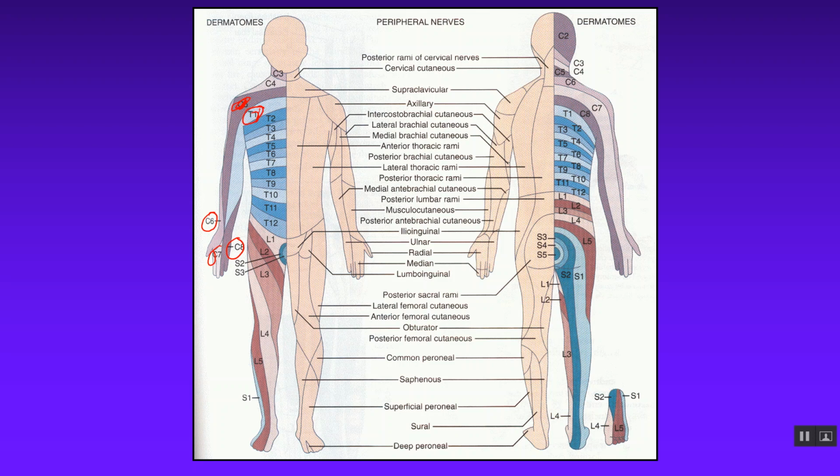And for the lower extremity, L4, L5, S1 tend to be most involved when somebody has a spinal nerve root problem, right where it's coming out of the spine. If you have pressure damage to those, it could cause dermatomal loss of sensation if the pressure damages enough.